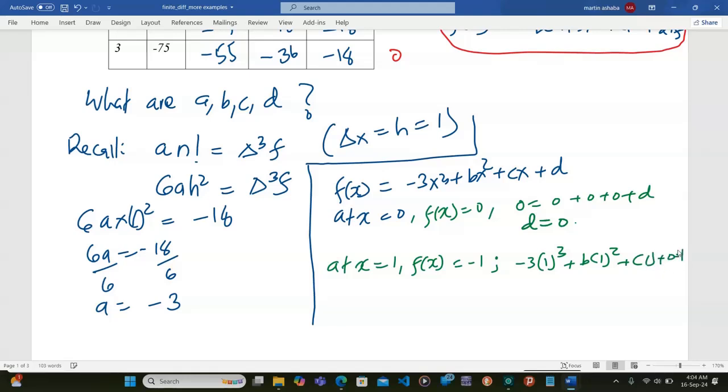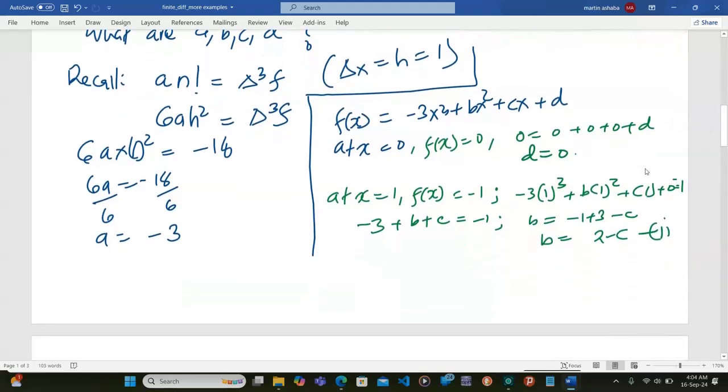Everything is equal to negative 1. So that means we will have negative 3 plus b plus c is equal to negative 1, meaning that b is equal to negative 1 plus 3 minus c, and therefore my b is equal to 2 minus c. I call this equation 1, and proceed.